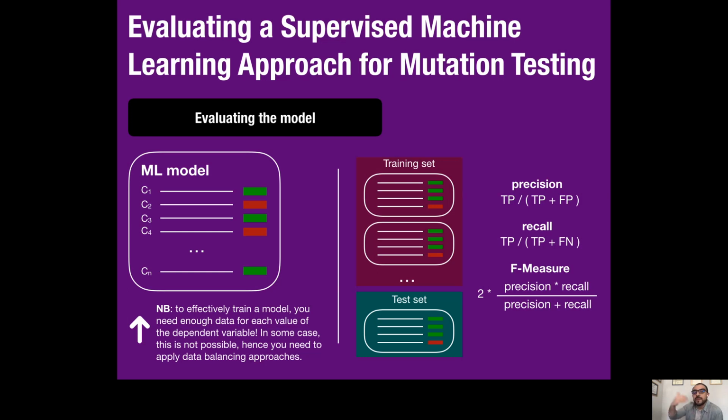So it's a ratio between the predicted correct instances over the total amount of correct instances. And finally, F-measure is just the harmonic mean between precision and recall, and it's useful to have a quick, immediate idea of the performance of your model.